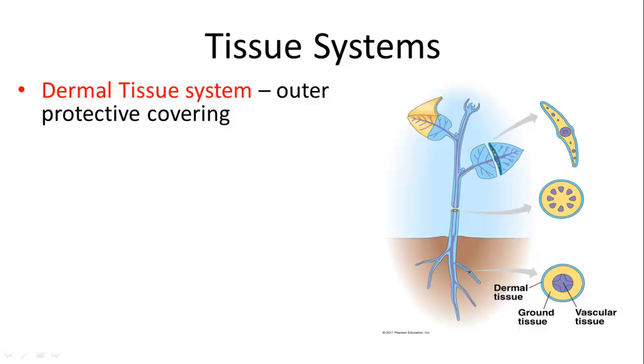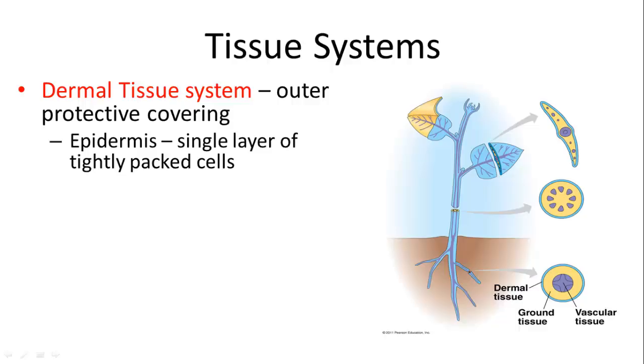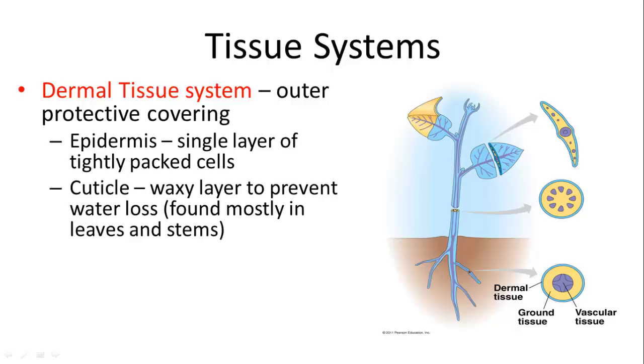All right, so within these different organs, you have different types of tissues. The dermal tissue system is for the outer covering and protective part of the plant, and it can be broken up into different layers as well. So the epidermis is the single layer of tightly packed cells which cover the plant.